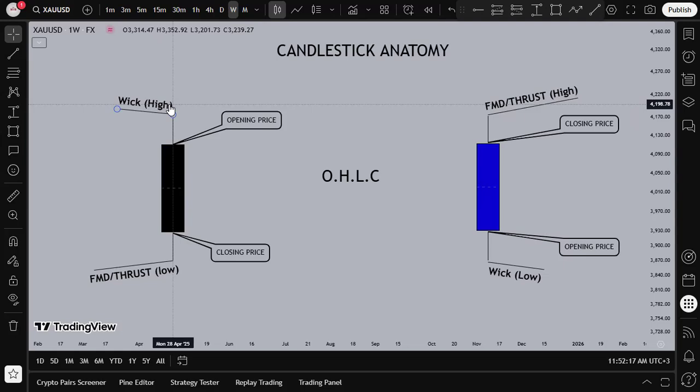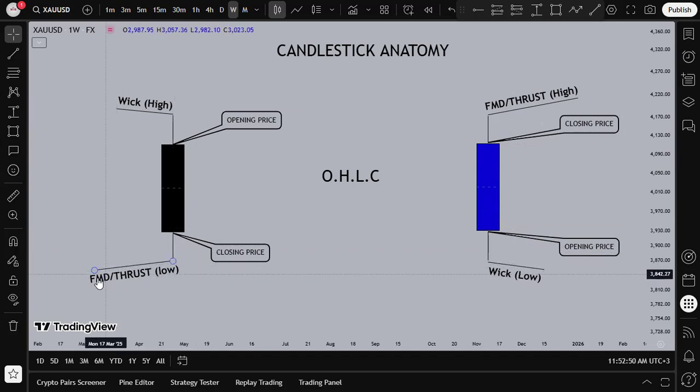This is where the price went after opening. This is the point where the price went farthest before going lower. So this is the wick, this is the high of the candle, and this is the closing price, and this is the lowest point where the price went before closing.